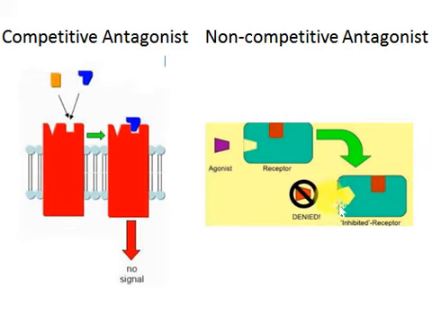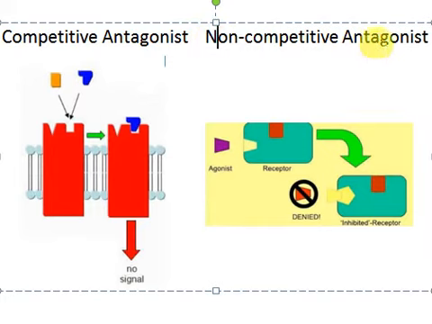Since it has changed the active site, the agonist is unable to bind with the site. So your antagonist has changed the shape of the receptor site, and as a result your agonist is unable to bind with the active site. This is the example of a non-competitive antagonist, in which the antagonist binds at a place other than the active site. As a result of binding with the allosteric site, the antagonist causes a change in the shape of your active site.